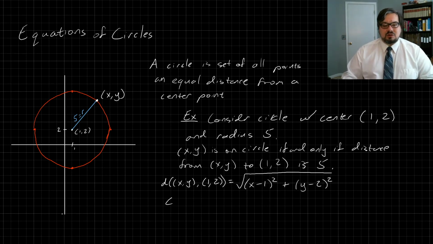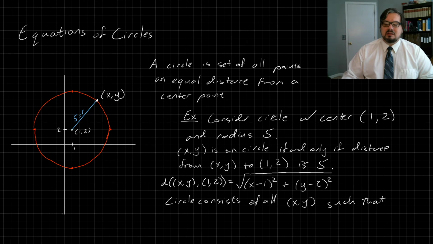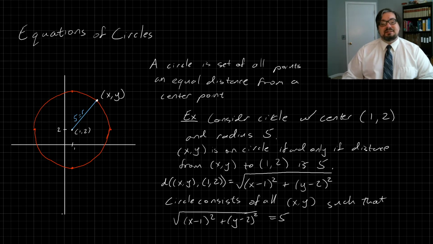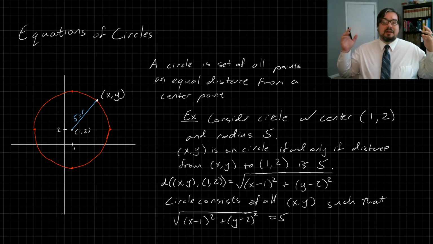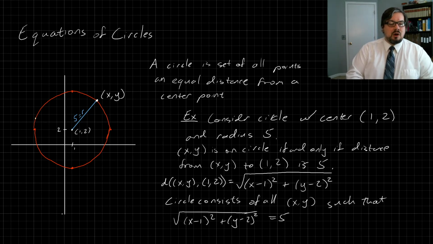So that means that the circle consists of all points x, y such that the square root of (x minus 1) squared plus (y minus 2) squared equals 5. Just taking the distance and saying we want the distance from the point x, y to the center of our circle to be equal to the radius of the circle. And that's going to give us all of the points on the circle. All the points on the circle are a distance of 5 away from the center.